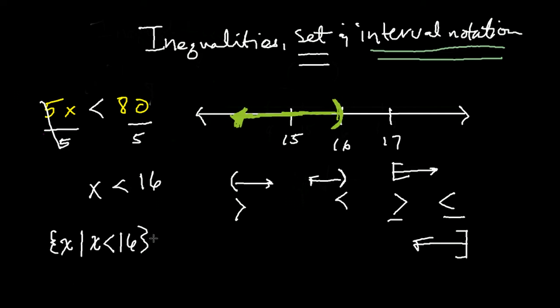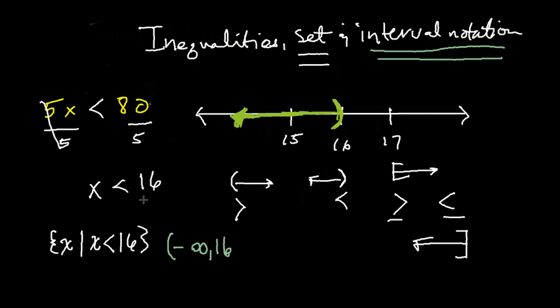What this solution says in interval notation would be the smallest number in the interval, which, since we go all the way down to negative infinity, can be all numbers that are below 16. So it's an interval from the smallest number in the solution set to the largest number in the solution set.